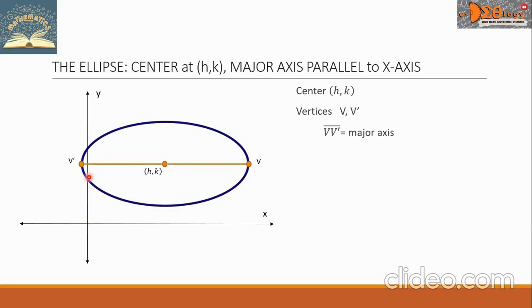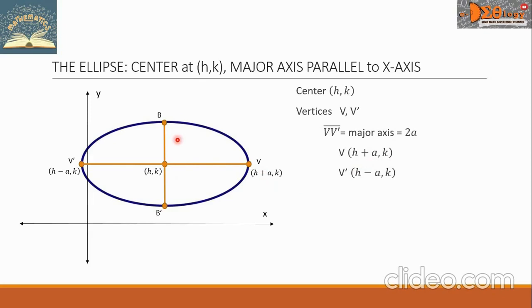We know that the line segment connecting the vertices is called the major axis. We let this length be 2a, and then we can now write the coordinates of the vertices. These are (h plus a, k) and (h minus a, k), respectively.